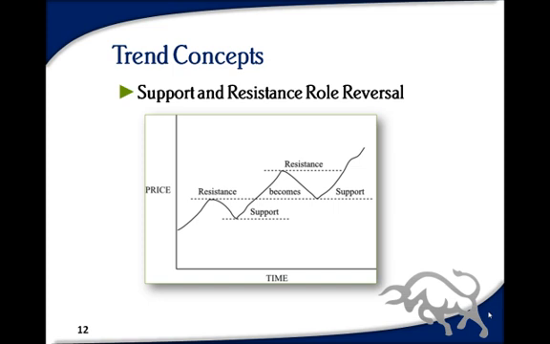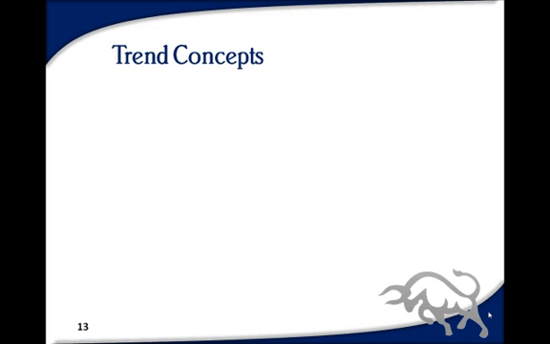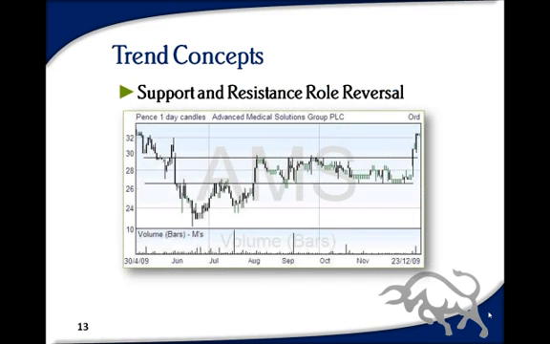Now because it's broken through the resistance and goes above it, that resistance might very well become a support level for that price. This is an interesting concept, and it's borne out in practice that it really will become the opposite. Now if we look here on an actual chart, we can see earlier on in the chart, June, July, August, we're hitting this lower level line as a resistance level.